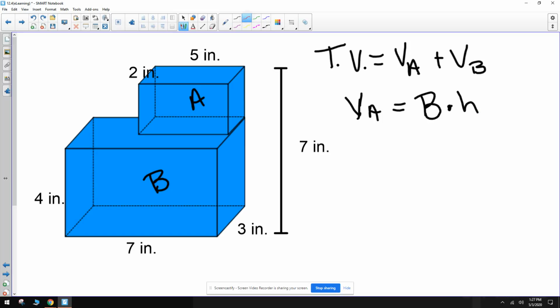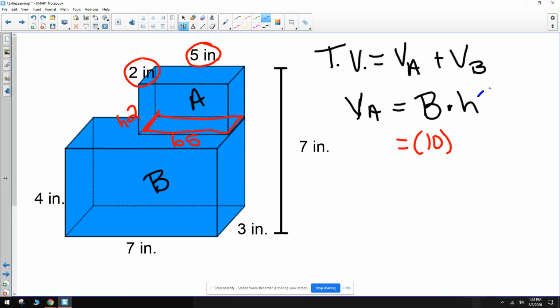I have to find the area of the base, and I always use the bottom. It really helps. Because this is a rectangular prism, the 5 here comes down and that becomes the base, and the height I need for the base right here is my 2. So when I find B, I'm taking 2 times 5, and that's 10. So I'm going to put 10 here.